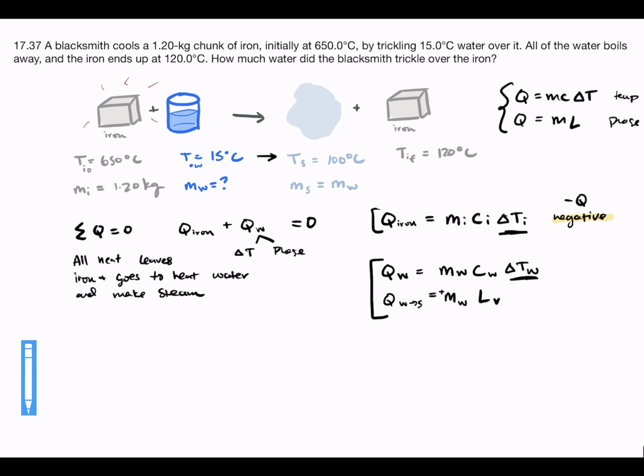So we set all this up, and that means that we end up with mass of iron, C iron, delta T iron, which is Q iron, plus Q water, which is mass of water, C of water, delta T water, plus mass of water times the latent heat of vaporization for water, which is Q steam.